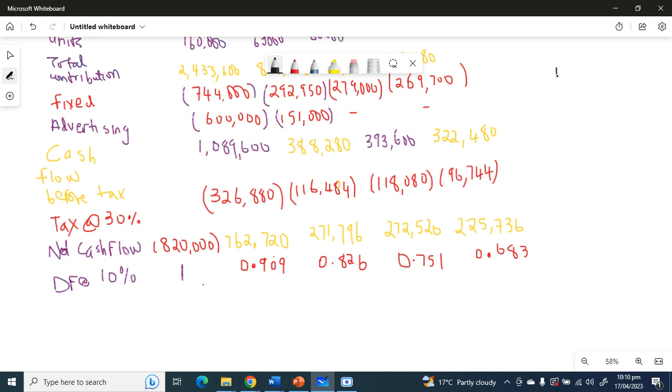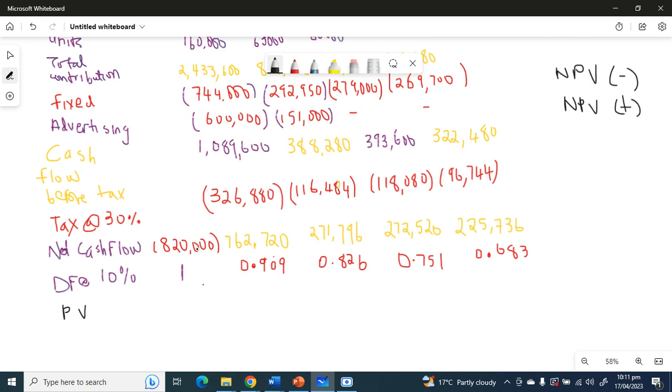If your net present value is negative, the project is not worthwhile. But if your net present value is positive, you can accept the project. That's the rule for the net present value. Negative, reject. Positive, accept.